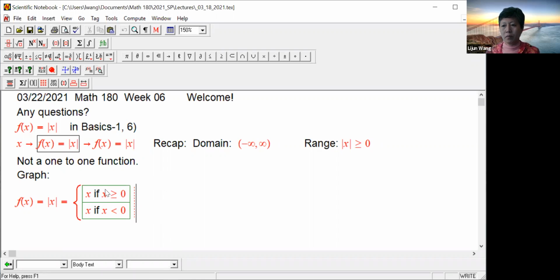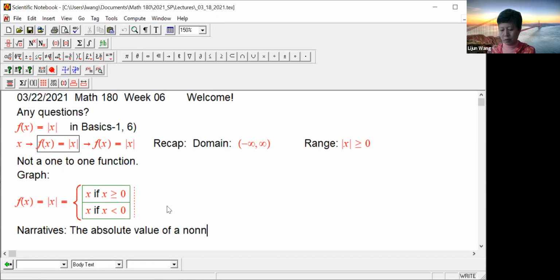Right? You guys write down the narrative. The absolute value of a non-negative number is the same as the number.